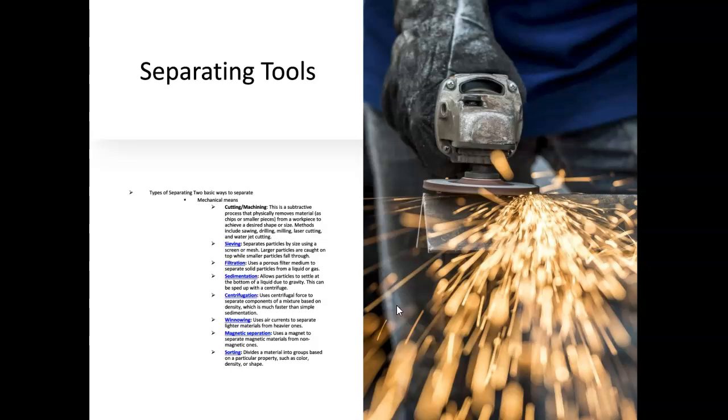That's sieving. Then there's filtration. Lots of times in different environments you've got some type of coolant or grinding grit or grinding dust, and you want to pull that grit out of there. The only way to do that is to run everything through a filter, so that the coolant passes through but the particulate matter is left on the filter. That's called filtration.